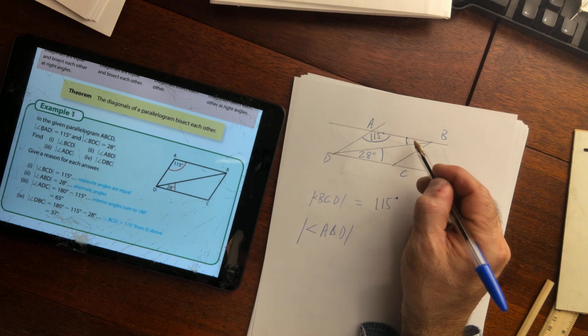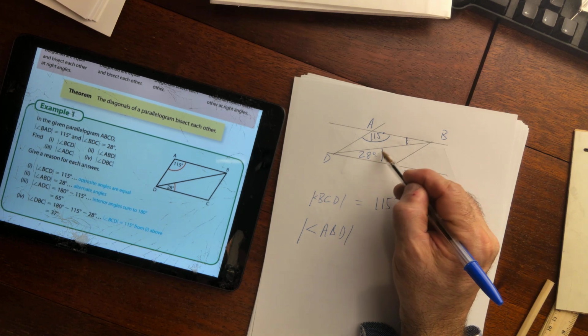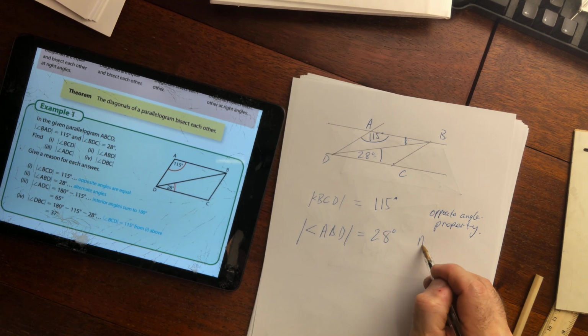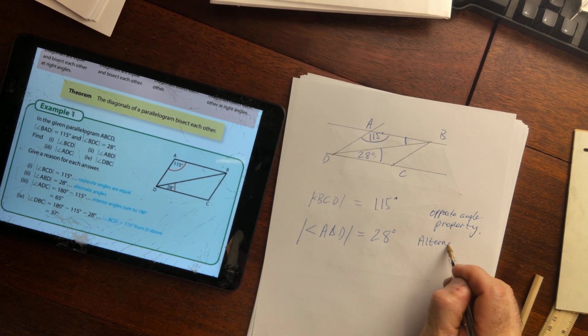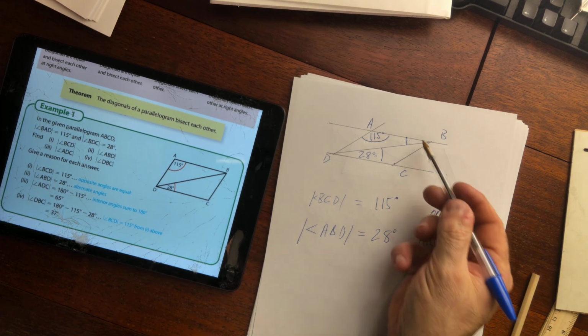We start looking at it and say, hang on, we know this is 28, and sure, they're alternate angles, so we know that this is 28 degrees, and the reason is alternate angles. So that's your justification when they ask you for it. It's alternate to 28.